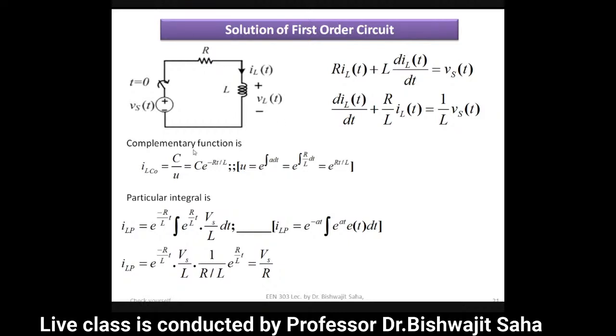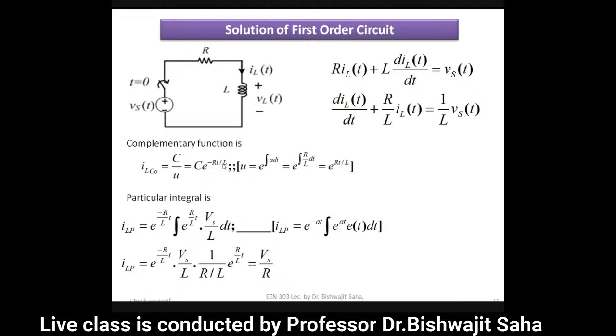So it has two parts, since there are two variables, one is IL, another one is Vs. So we need to apply the complementary function and particular integral formulas. If we look at the complementary function, ILCF is identified as the IL of complementary function equals C e to the power At, right?